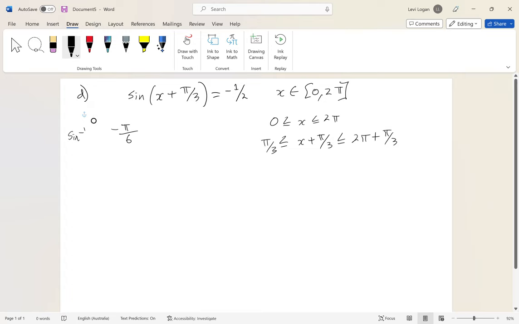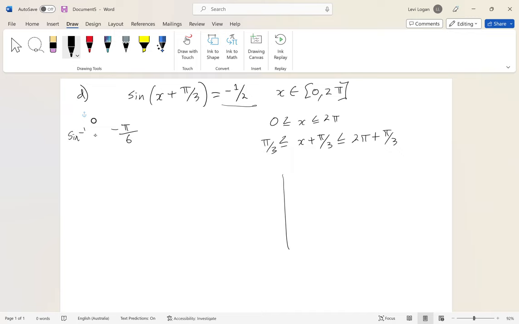I just have to be patient, sorry. So there's going to be -pi over 6 using the calculator, just sine inverse of -1/2 up here.